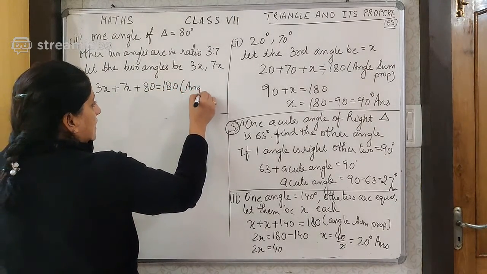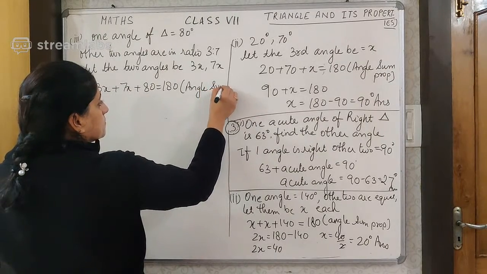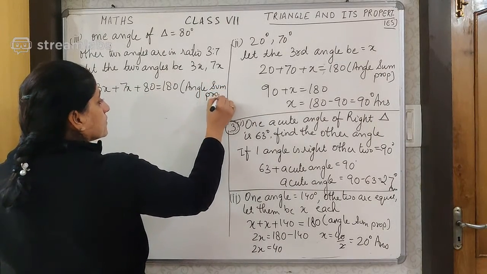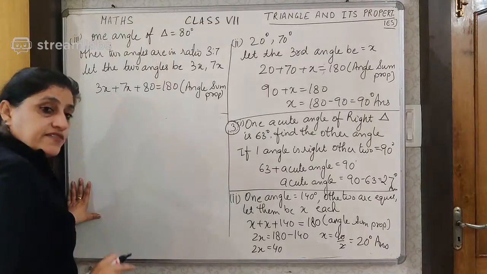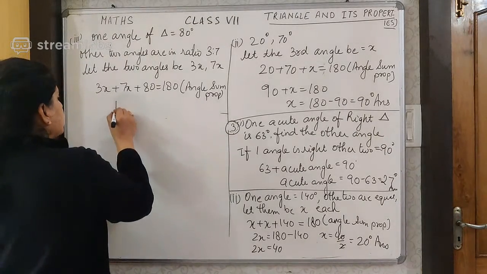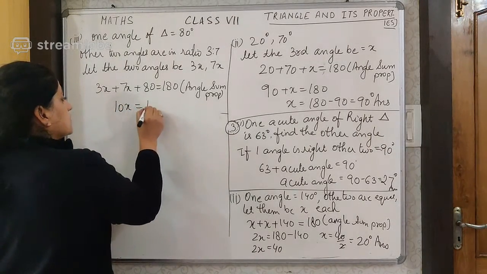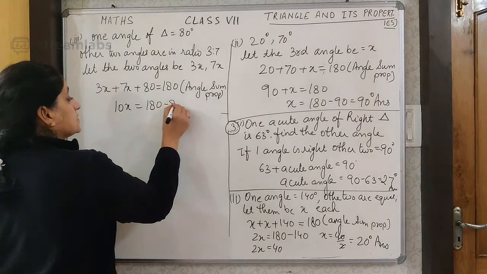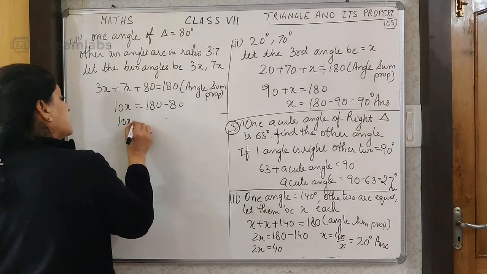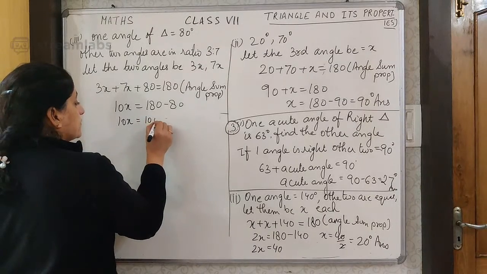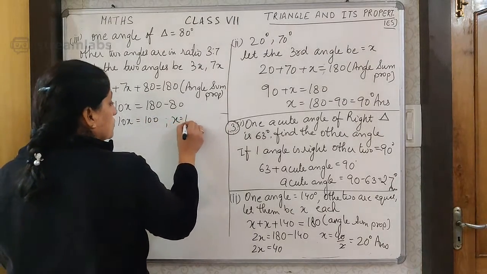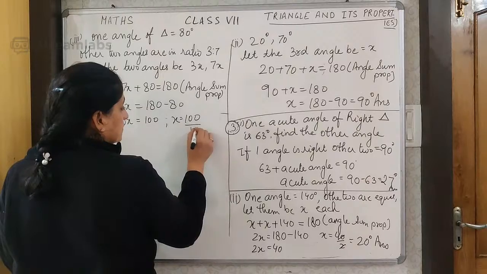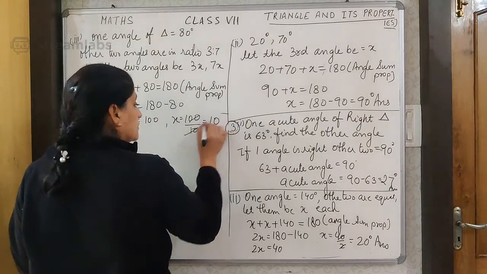Same reason, angle sum property. Okay, 3x plus 7x gives me 10x is equal to 180 minus 80. 10x is equal to 100. x is equal to 100 upon 10, which is 10.